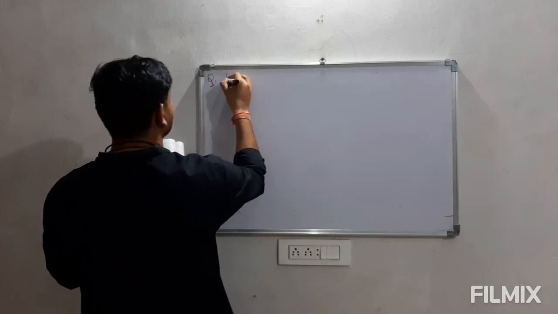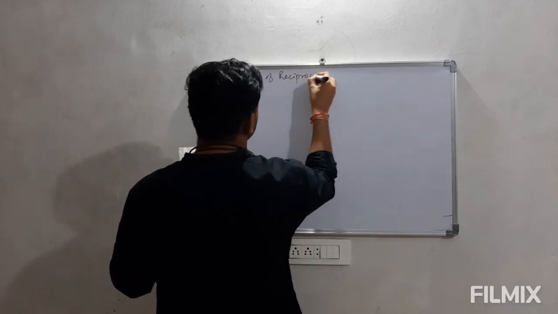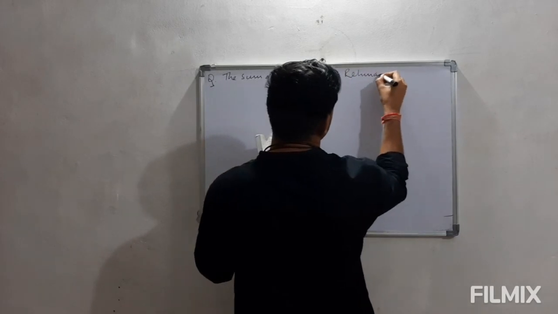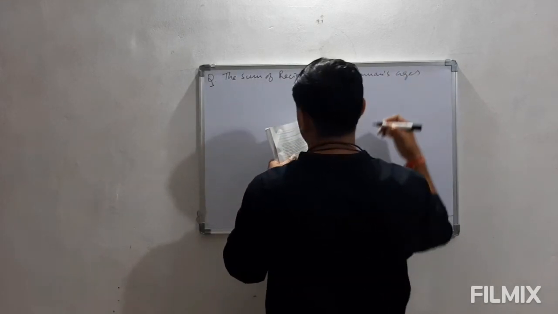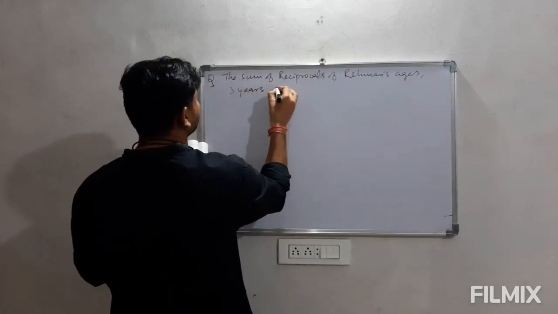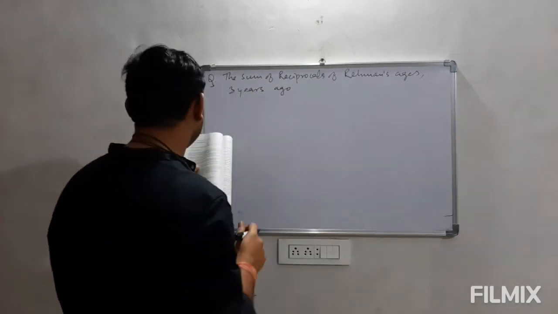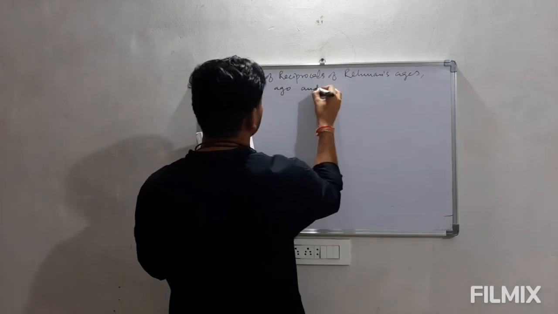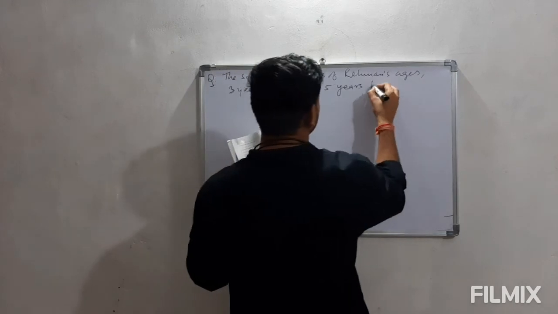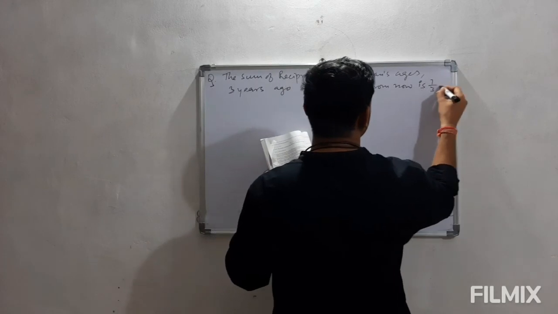The question is: the sum of reciprocals of Rahman's ages 3 years ago and 5 years from now is 1 upon 3.